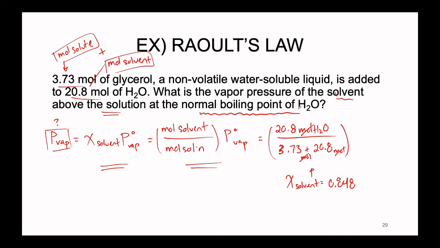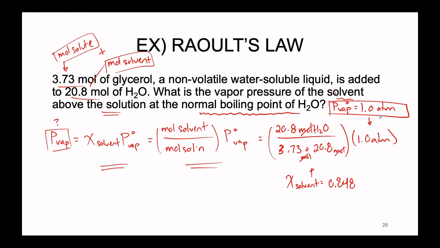This tells us what the vapor pressure is that we are observing, because by definition, the normal boiling point of water occurs when the vapor pressure of the solvent is equal to 1 atmosphere, right? This is a definition that we saw back in chapter 12, and now it's coming back to give us a little bit of additional information. This 1.0 atmospheres is the vapor pressure at the normal boiling point of water.